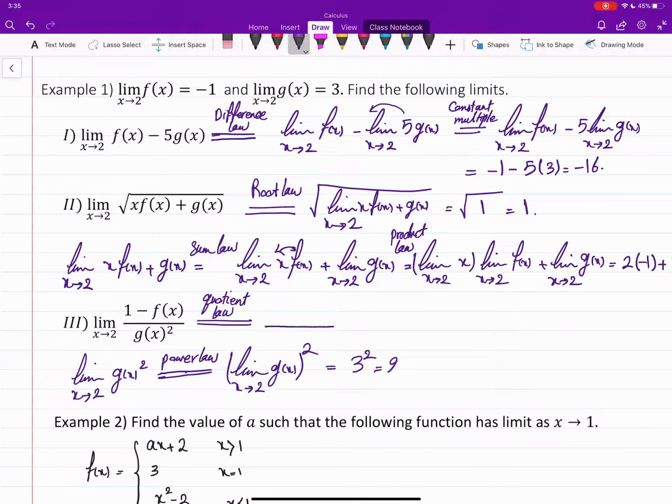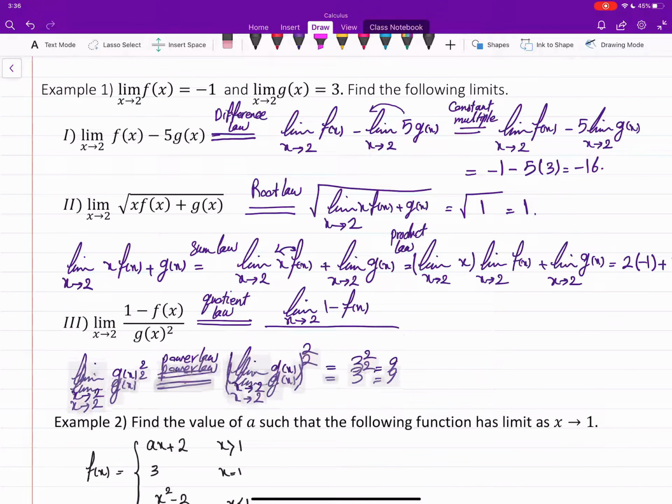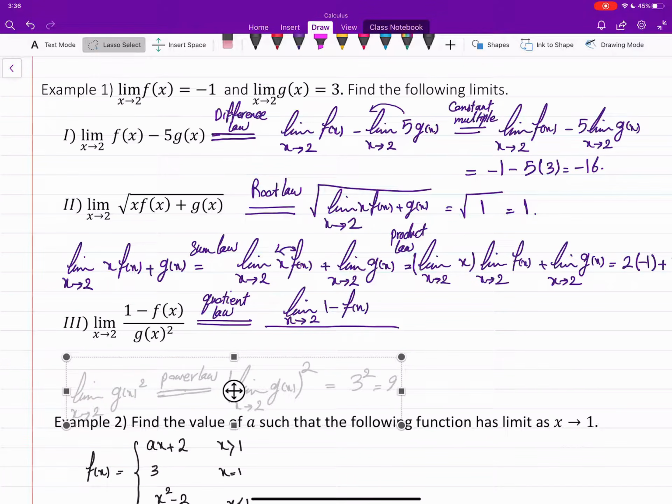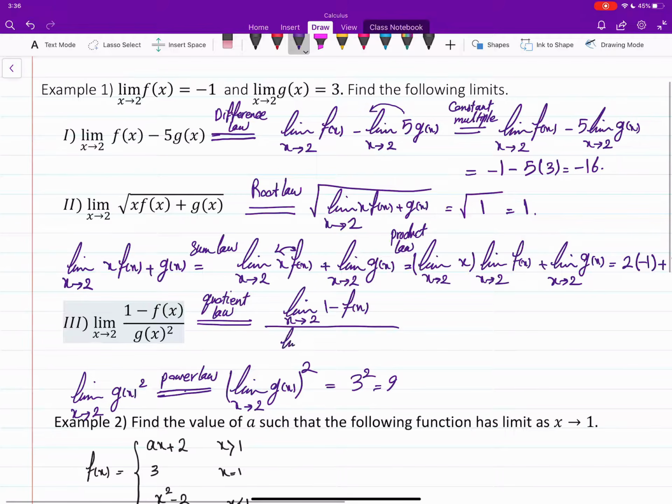It means that we can separately apply the limit to the numerator and the limit to the denominator. Let me just take this a little bit down here. And the limit of the denominator g(x) squared.